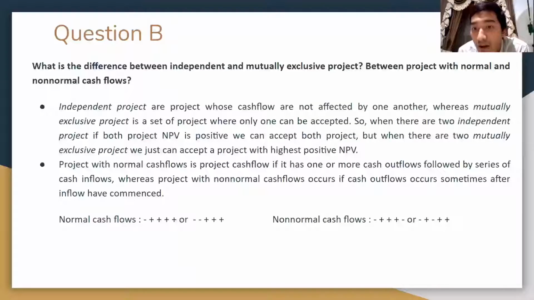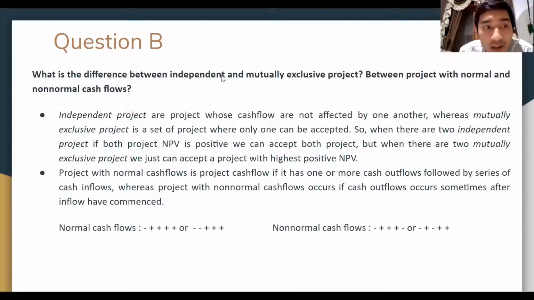So when there are two independent projects, if both NPVs are positive, we can accept both projects. But when there are two mutually exclusive projects, we just accept the project with the highest positive NPV.